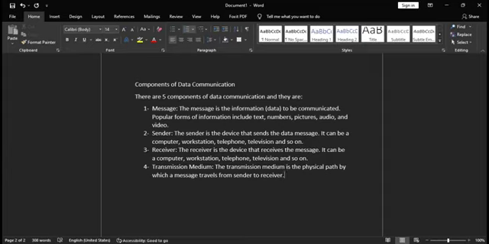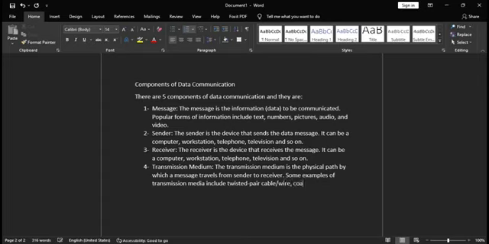So let's give some examples of transmission media. They include twisted pair cable, or wire, can also be called wire.